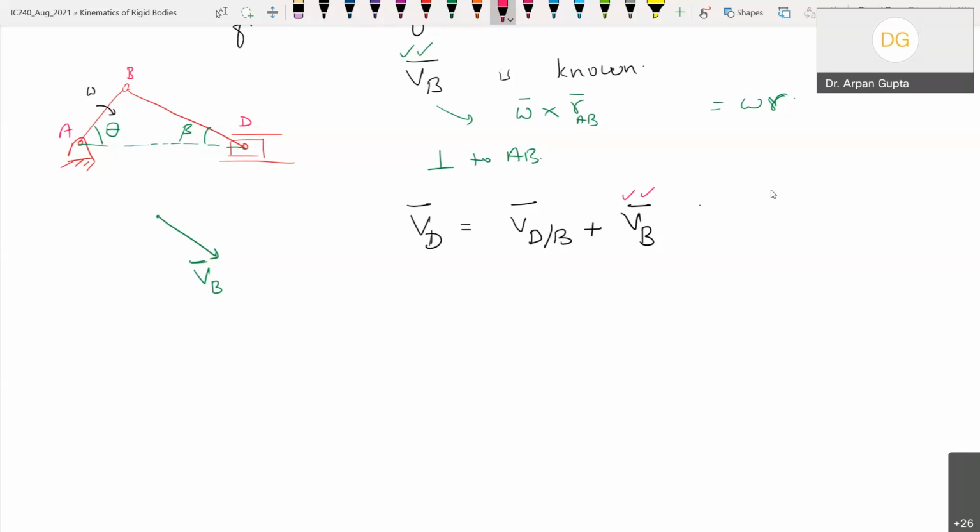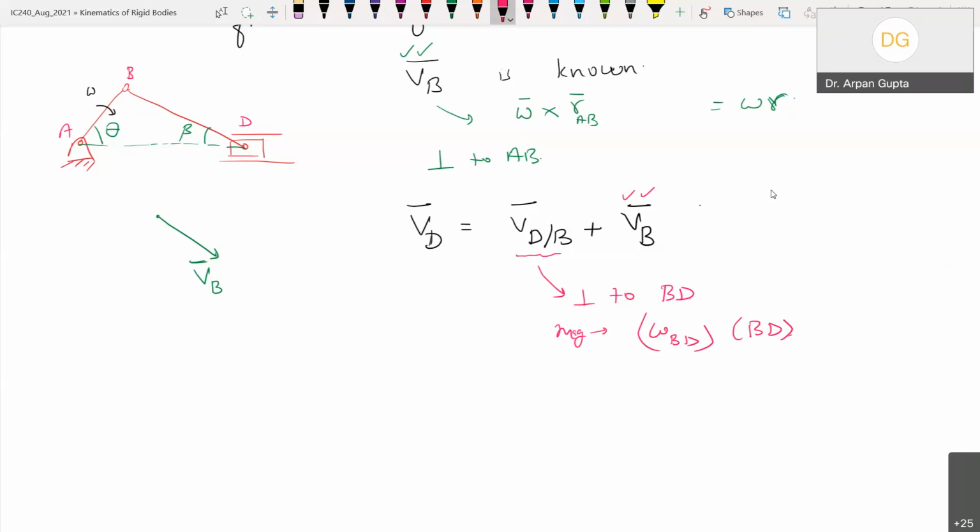The next thing is the velocity of D with respect to B. We have seen in the last class that this velocity will always be perpendicular to BD. It can never be along BD because it is a rigid body. So it will be perpendicular to BD, and its magnitude is going to be omega BD times BD.